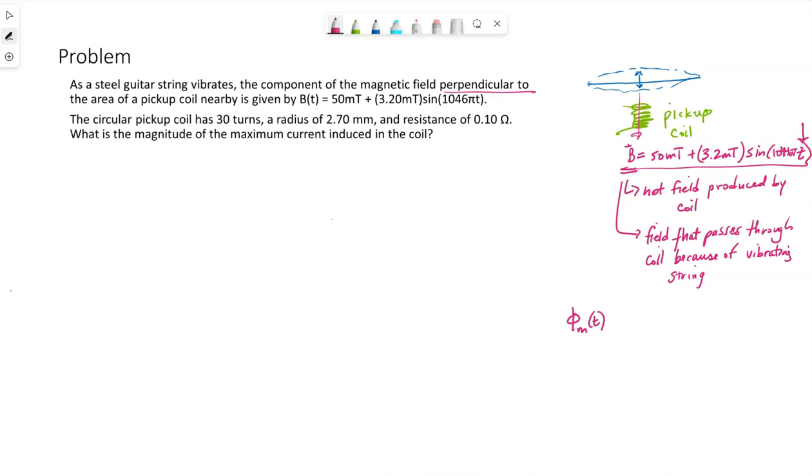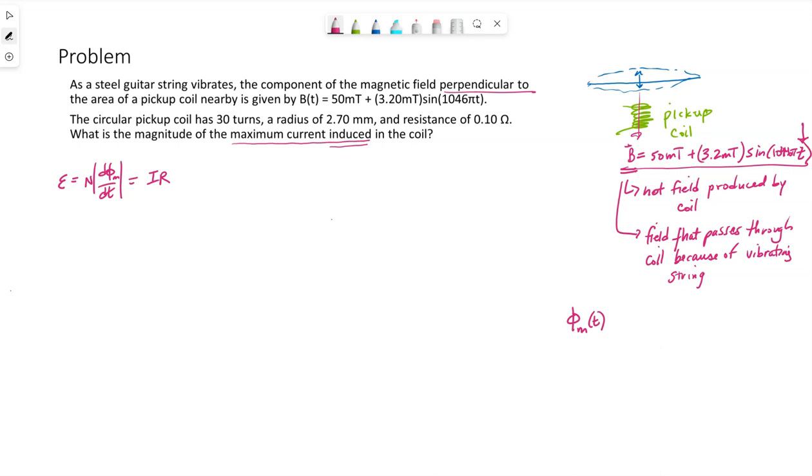So our question wants to know the magnitude of the maximum current induced in the coil. When we see that term, induced, we want to think about Faraday's law. Faraday's law tells us about EMF induced, or voltage induced, which in turn, since they gave us a resistance, we can think of this coil as a little resistor.